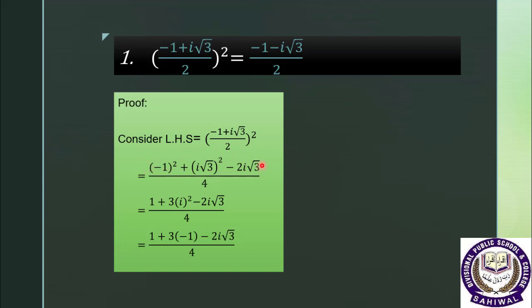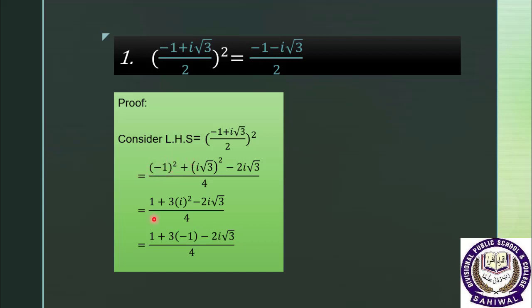The numerator is obtained by applying the identity for squares, that is (a - b)² is equal to a² + b² - 2ab.